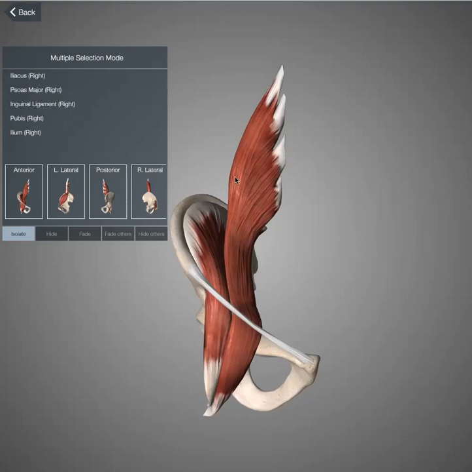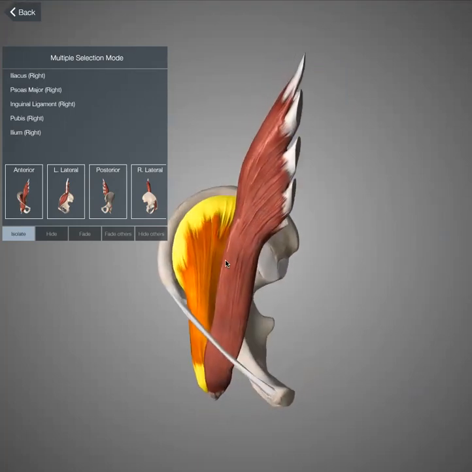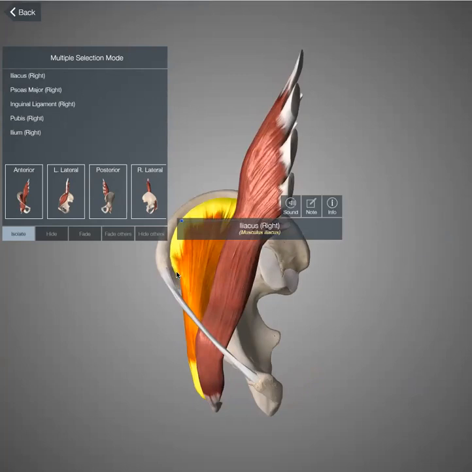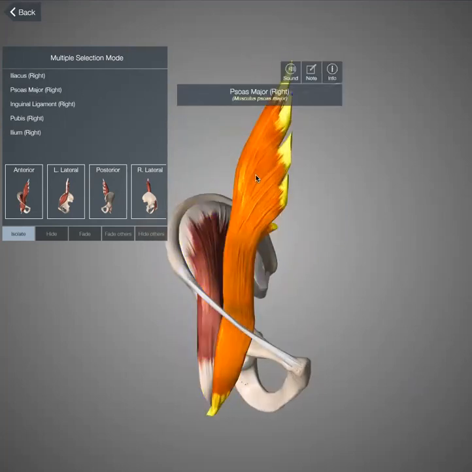Now, to start with, this is the psoas major, and this is the iliacus. From the name, so that you're not confused, the iliacus is the one that originates from the ilium. Okay, the ilium. And the psoas major originates from the lumbar region.